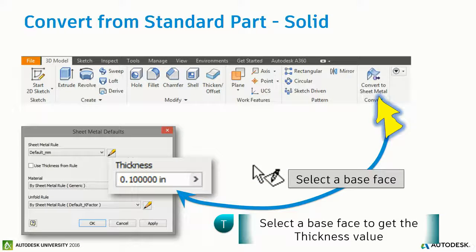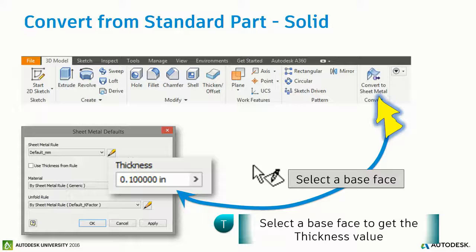When you click convert to sheet metal from a standard part, here is a tip that many people may ignore. The tooltip says to select a base face, but since the information is not complete, it's easily ignored. It means that you select a base face, and Inventor gets the thickness value directly.